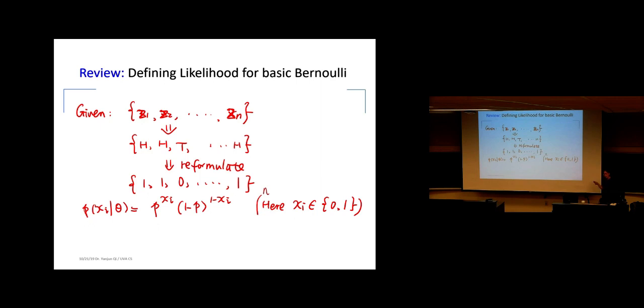The Bernoulli distribution has this probability formulation: if I observe a head, the probability is P, and if I observe a tail, the probability is 1 minus P. But how do you use a joint representation to represent the two cases?